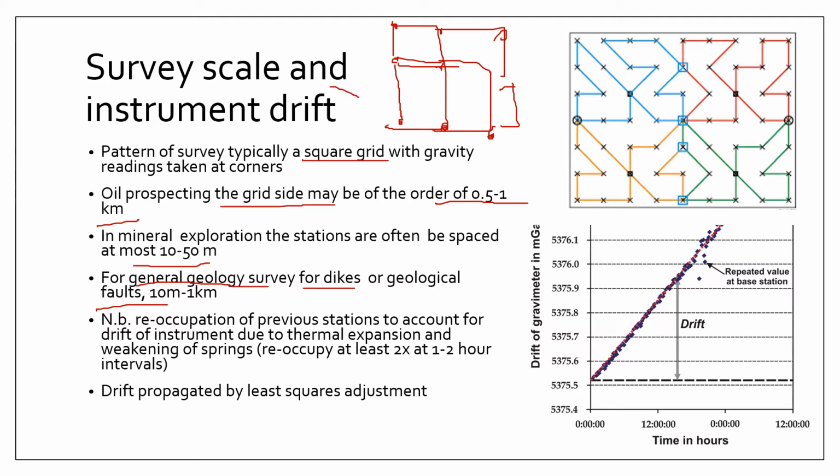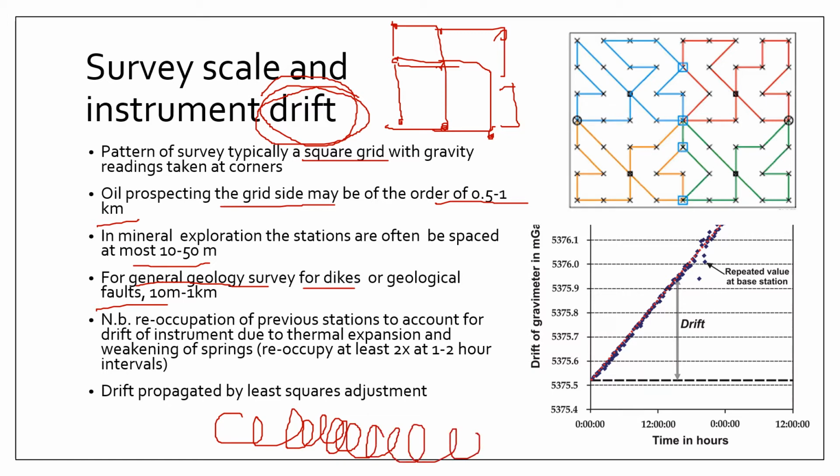Now we also have a phenomenon called instrument drift, and this is important, okay? So remember that our gravity meter or gravimeter is relying on springs. These are metal springs, all right? And you know the property of metals when they are subjected to heat.